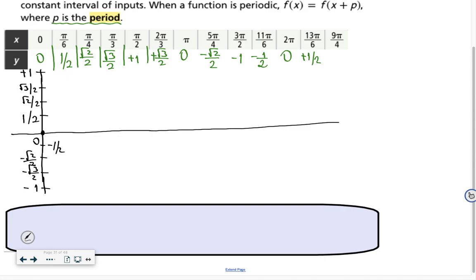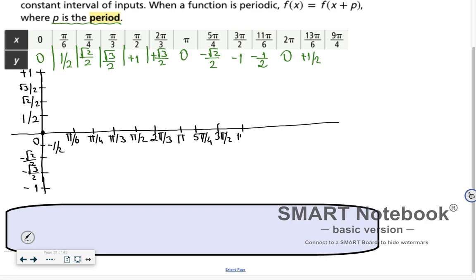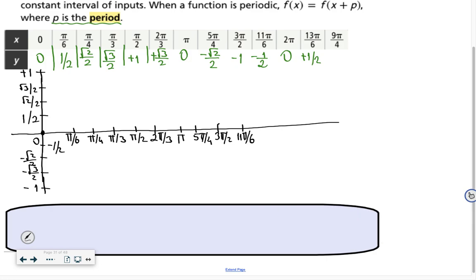According to this, let me plot the x coordinates: 0, pi over 6, pi over 4, pi over 3, pi over 2, 2 pi over 3, pi, 5 pi over 4, 3 pi over 2, 11 pi over 6, 2 pi, and 13 pi over 6.